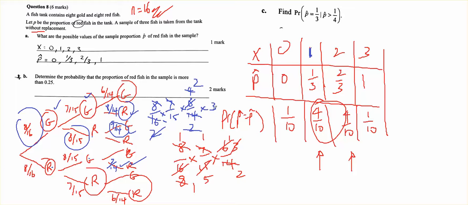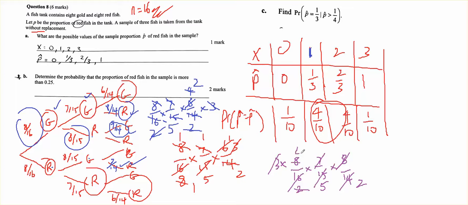For some reason that didn't work. I'll do that again. 3 goes into 15 5 times. 8 goes into 16 twice. 7 goes into 14 twice. 2 goes into 8 4 times. I'm left on the top with a 4. I'm left on the bottom with 5 times 2, so 4/10, and there's my answer, 4/10.